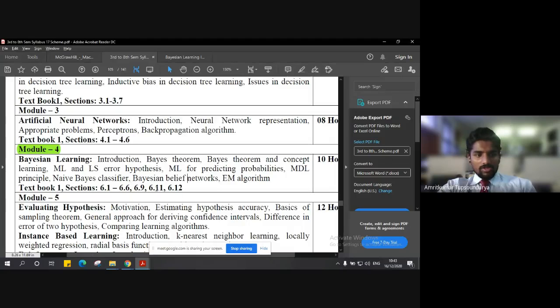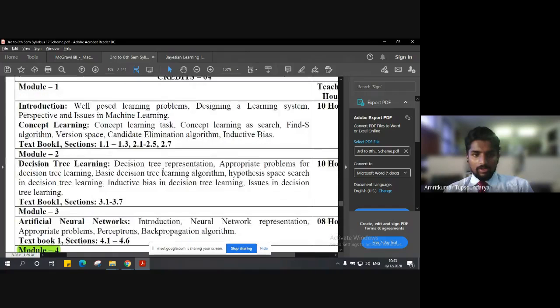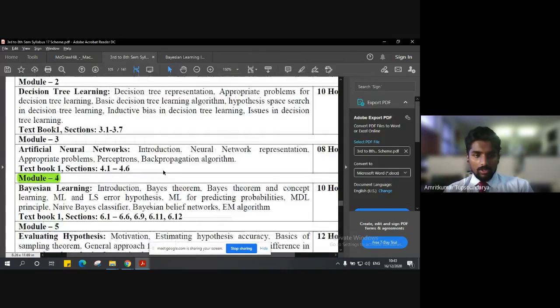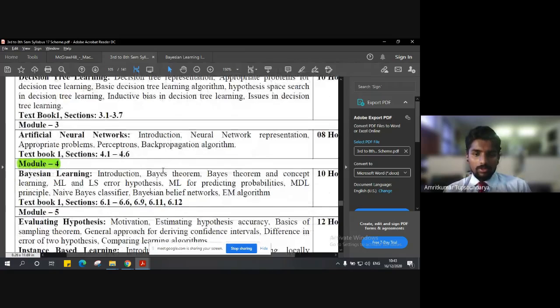With this basic introduction, we are going to further discuss what is Bayesian theorem and how to define it. Then what is concept learning in Bayesian theorem? We have already seen concept learning in module one, when we discussed different problems in machine learning, how a system considers a thing as a concept and how it learns that concept.